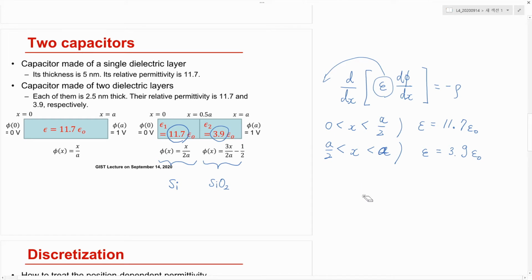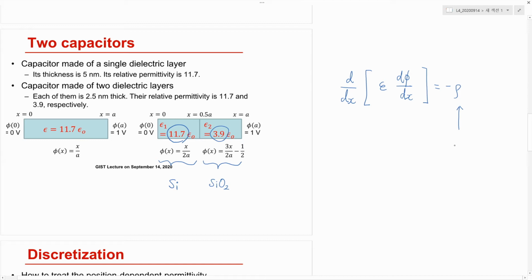So instead of changing it to the Laplace equation, we have to keep the original form. Of course, in this lecture, we are considering the source-free case, so rho can be safely regarded as 0.